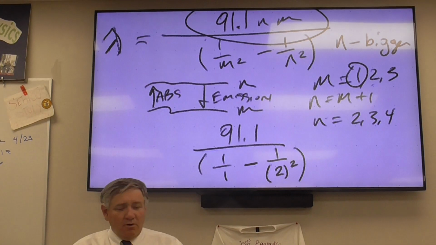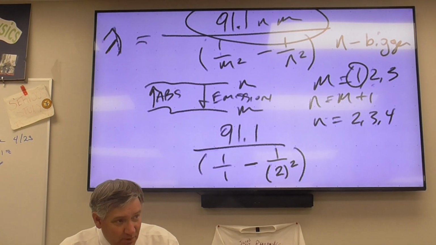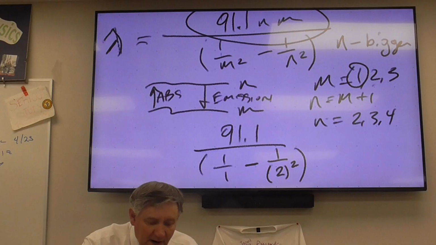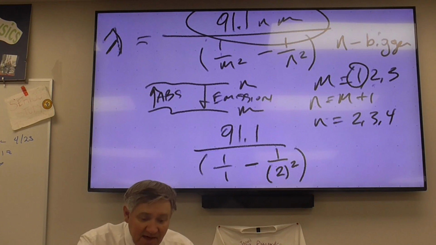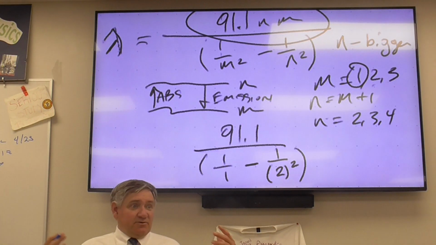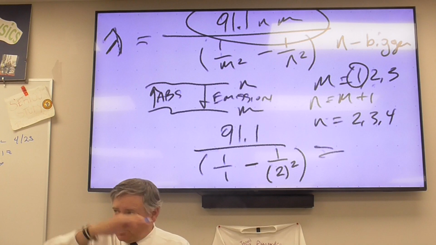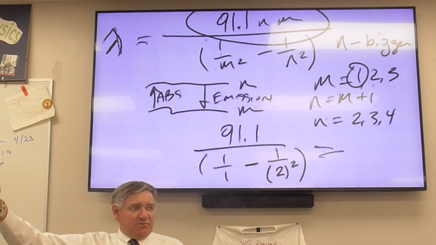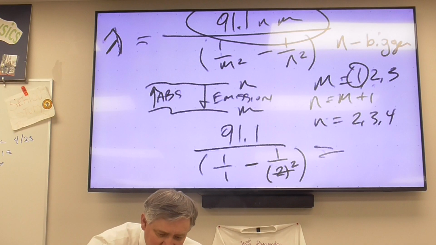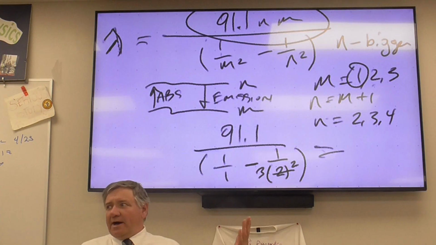So if you take 91.1 and then take 1 minus a fourth and divide that, you're going to get a certain wavelength. Randomly, that matches the wavelength in that first spectral line. If you go to the next one, you have 1 minus 3.